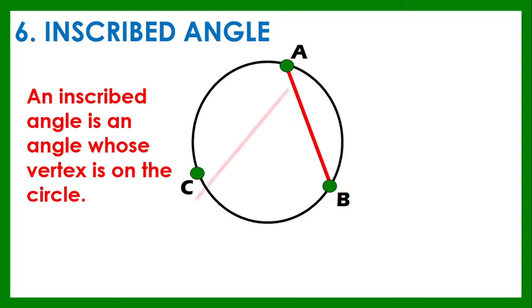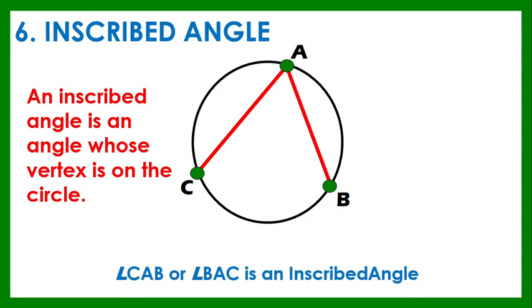You also connect point A and point C, we will create line segment AC, that is another example of chord. It means to say that an inscribed angle is composed of two chords where the vertex is on the circle. So the name of this inscribed angle is angle CAB or angle BAC.